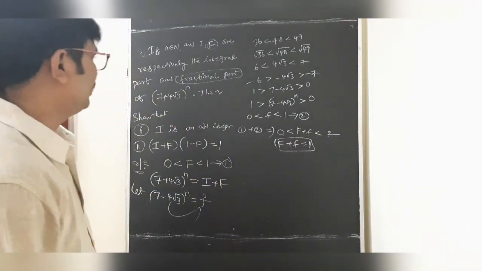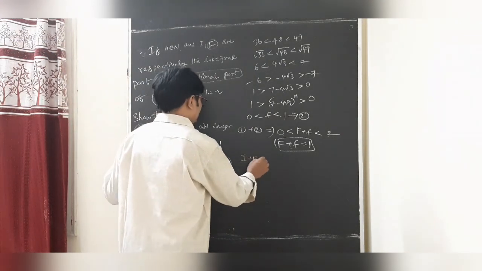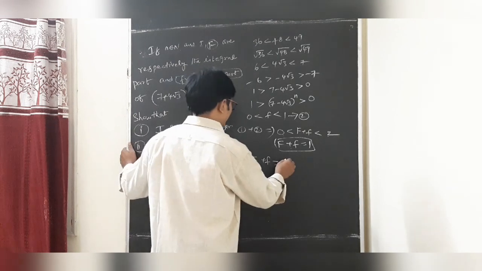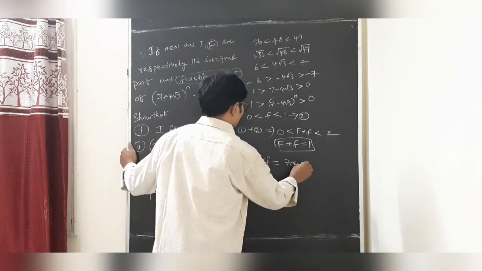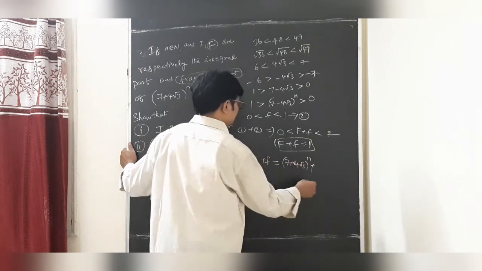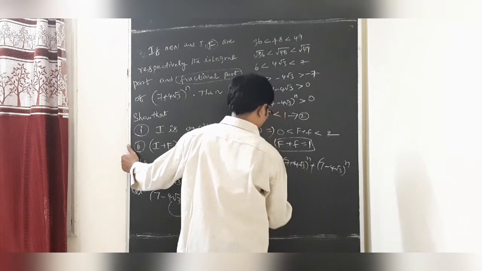Right now students, we have to find I + f. I + f + f is (7 + 4√3)^n + (7 − 4√3)^n.